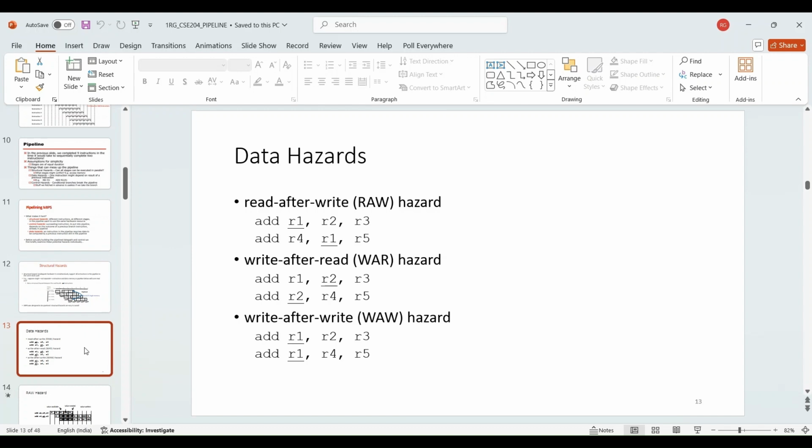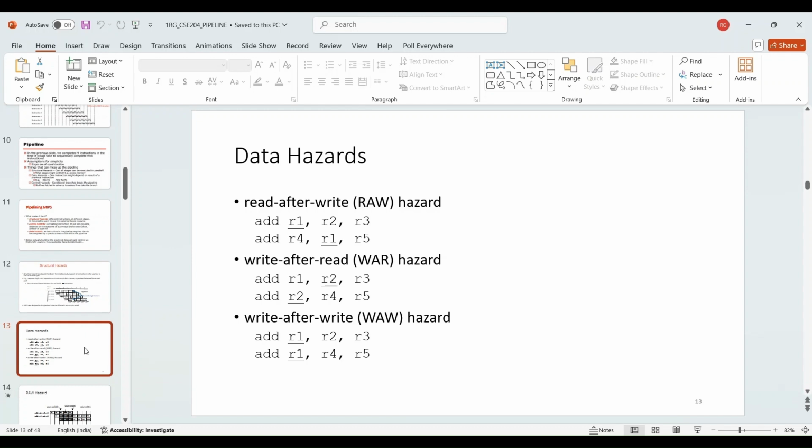Then the third hazard is called write after write, or WAW hazard. Here you can see R1 is the common register between the two instructions, and both the instructions are writing in R1. So the second writing should happen after the first writing has happened. Otherwise the meaning of the program will be different, and most of the time it is not a problem because the second instruction will write one clock cycle after the first.